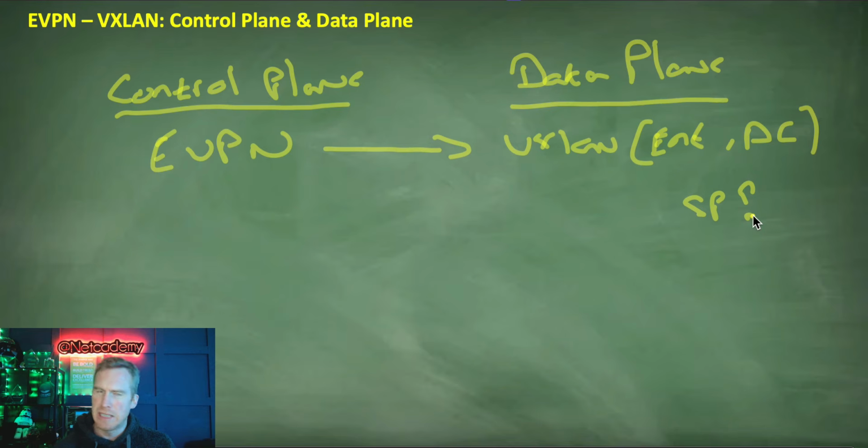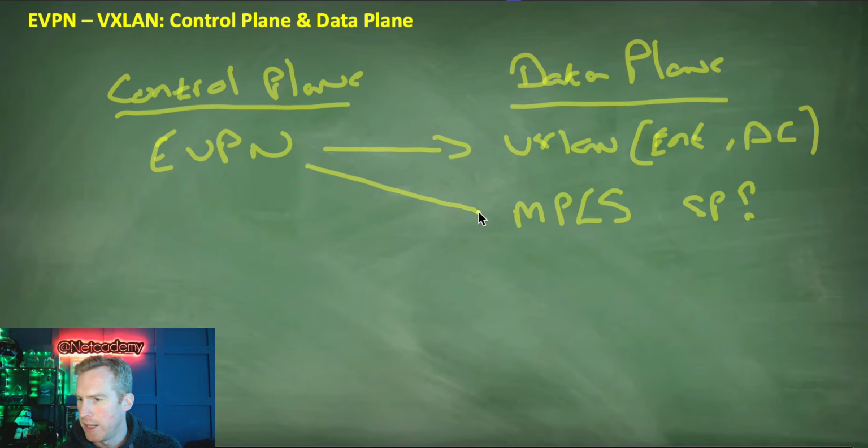Are they deploying VXLANs? They might do, to be honest. I actually don't know. But what is very common in service provider networks is a data plane technology called MPLS, or multi-protocol label switching. They could still use EVPN as the control plane technology, but then in the service provider environment they use multi-protocol label switching to build those tunnels from source to destination, with the signaling controlled by EVPN.